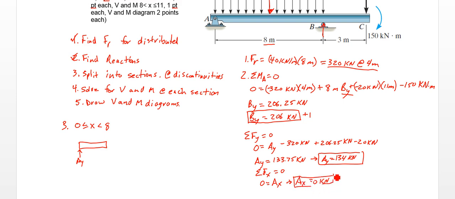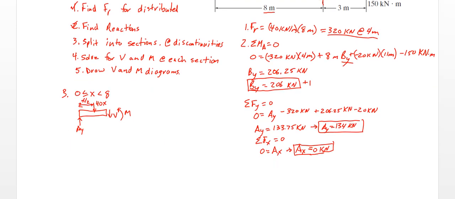That's our third reaction there. Alright, so we have AY, I'm not going to draw AX on here. We have, this is going to be 40x, and that's operating at x over 2. And then we're going to have our shear on this side, V, our bending moment on this side, M.